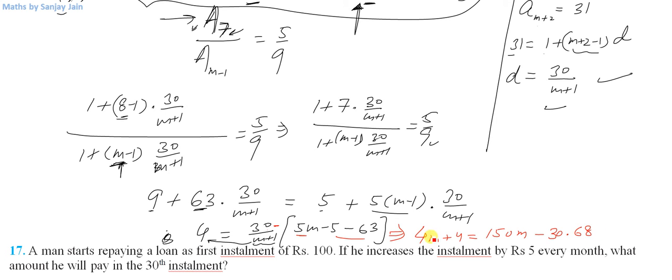Okay, and how many m do I have? If I take this 4m on the right hand side, I'll have 146m, and this will be 4 plus this 30 into 68. Now this is just the calculation and you can find the value of m.